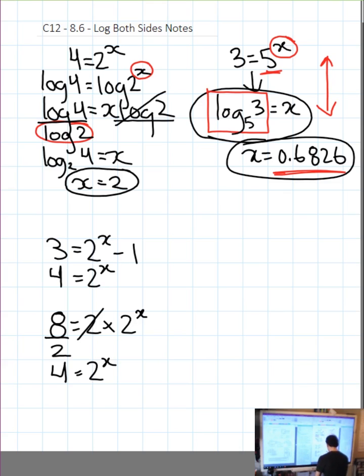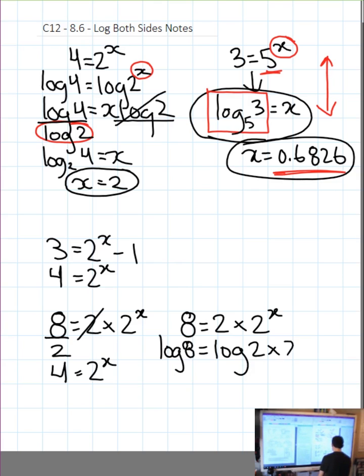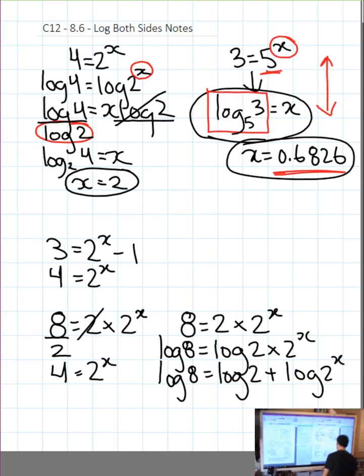If I don't, and I still have that same question, 8 equals 2 times 2 to the x. Well, if I log both sides, on the right-hand side, I have a multiplication, so I have to separate it into an addition. Log 8 equals log 2 plus log 2 to the x.